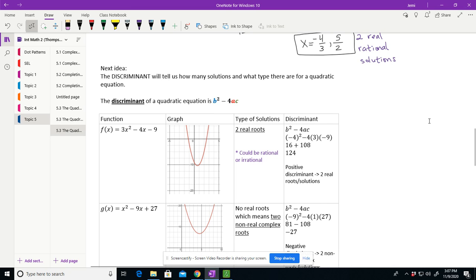So let's say I give you a list of quadratic functions and I want to know which ones have two real rational solutions. I don't have to do the entire quadratic formula, which gives me the value of those solutions. I can look at the discriminant to just know what kind of solutions I have. And this becomes really helpful when you're looking at a variety of different quadratic functions and you want to know which ones cross the x-axis. Okay?